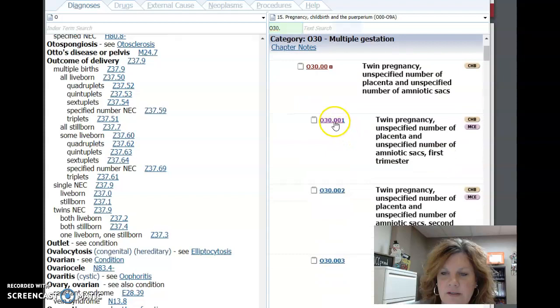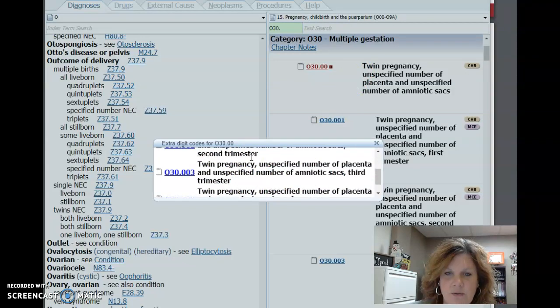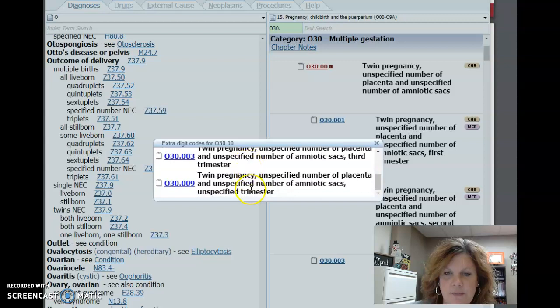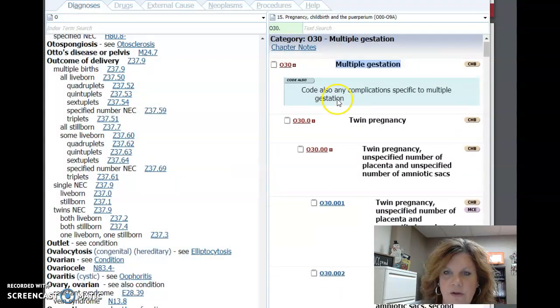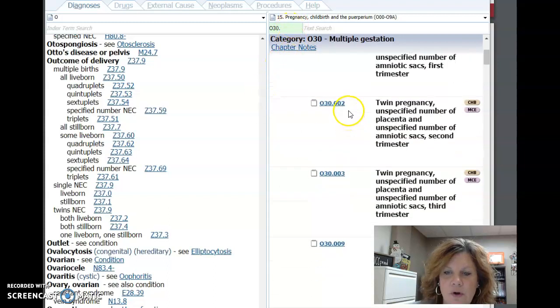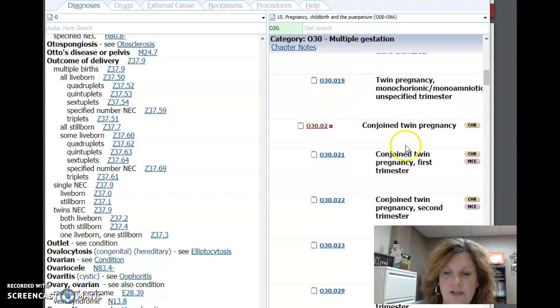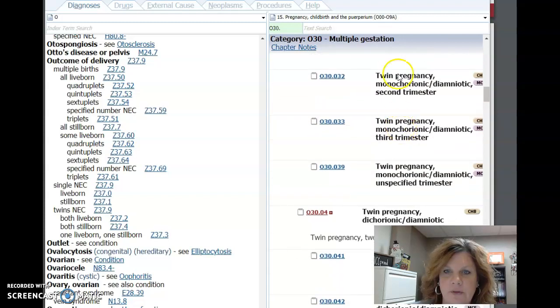And here it tells us first trimester, which is nice, explains it out. Second trimester, unspecified trimester. Okay, second trimester, again, we have all of those there.